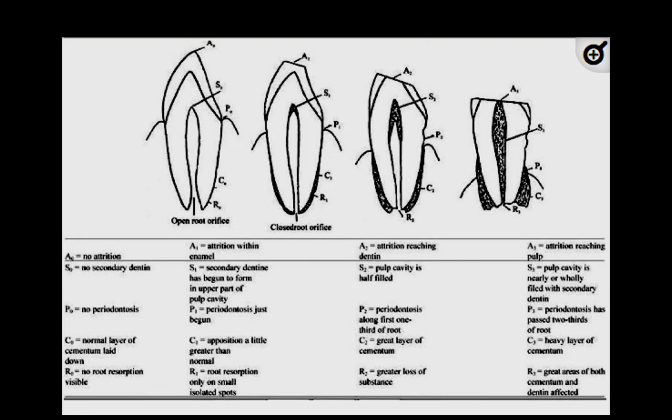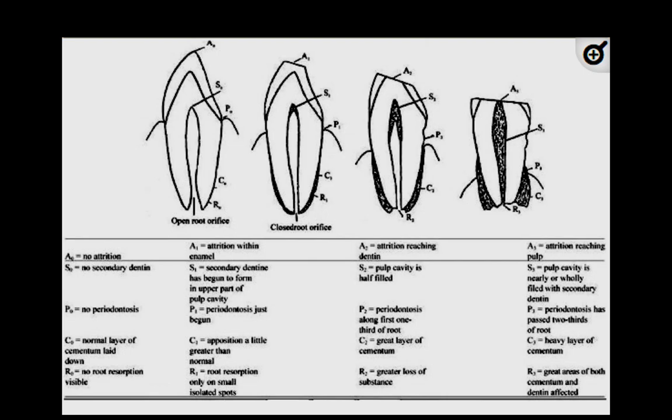And in this, it is showing all the changes. A for attrition, S for secondary dentine deposition, P for periodontosis, C for cementum apposition, and R for root resorption.